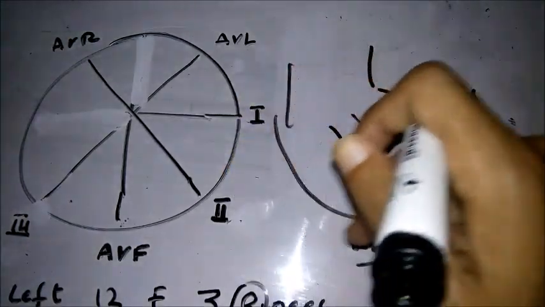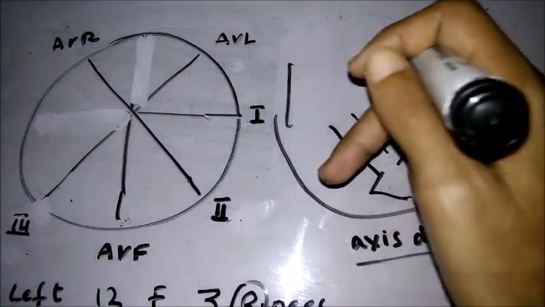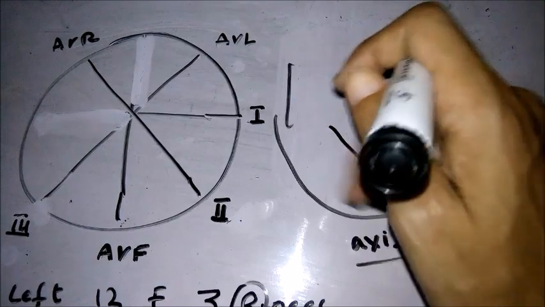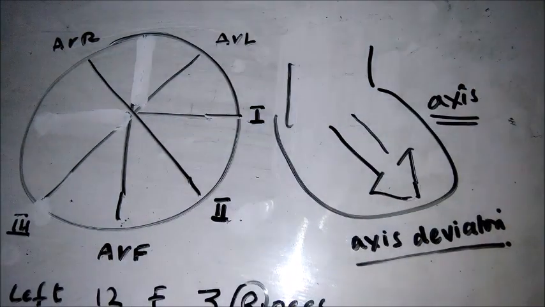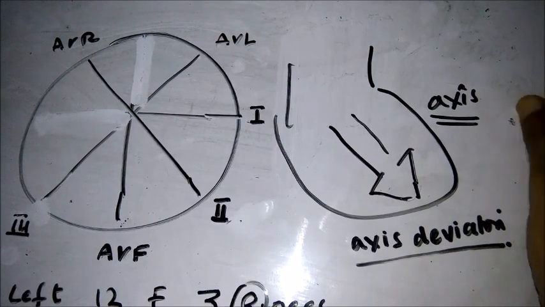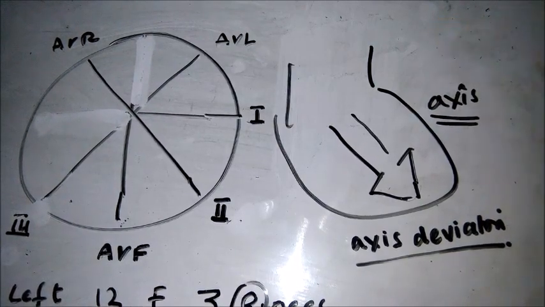If there is more right ventricular hypertrophy, the axis will shift towards the other side, right? So hypertrophy and bundle branch blocks, or basically problems in the conduction system of the heart, commonly cause axis deviation.